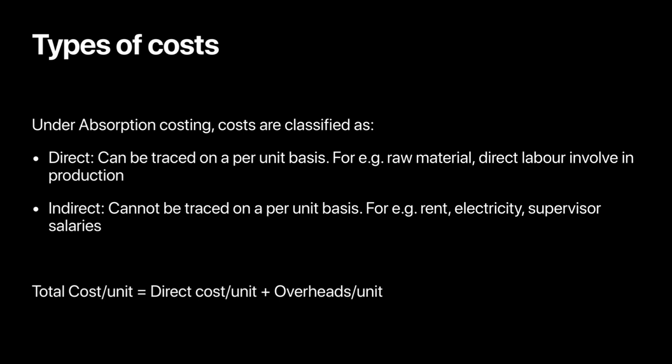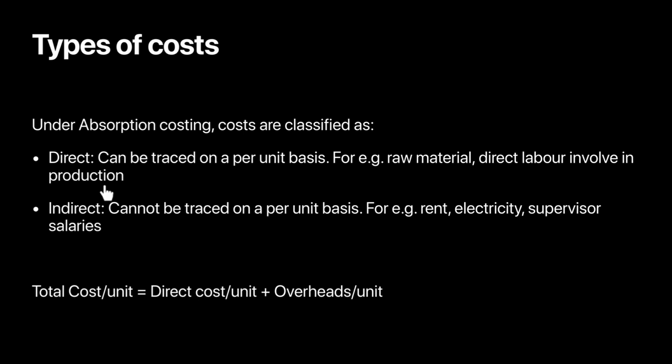You would know how much material is required to make one single unit, so you can calculate the cost of raw material for one single unit. Direct labor. The labor that is directly involved in producing the unit, you would know how many hours the labor will take and what will be the wage rate paid on hourly basis, and that would also be classified as a direct cost.